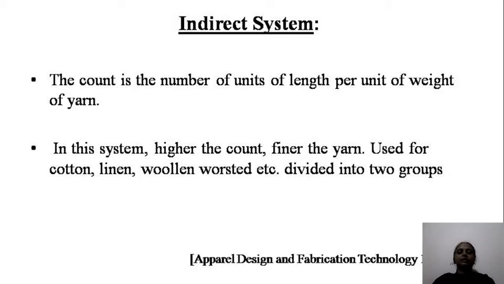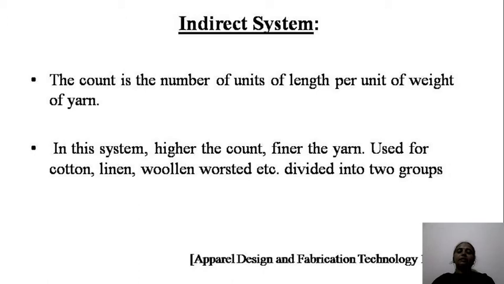In the indirect system, the count is the number of units of length per unit weight of yarn. In this system, higher the count, finer the yarn. If the number is increasing, the yarn will be very fine.